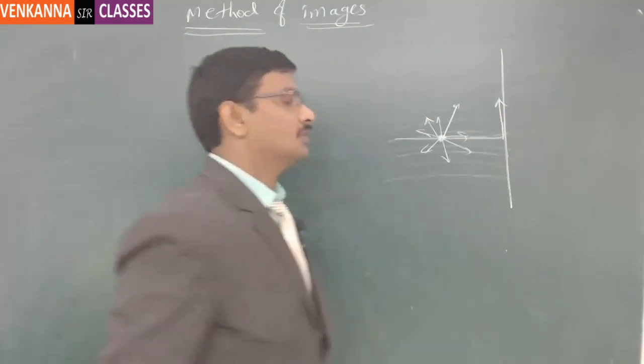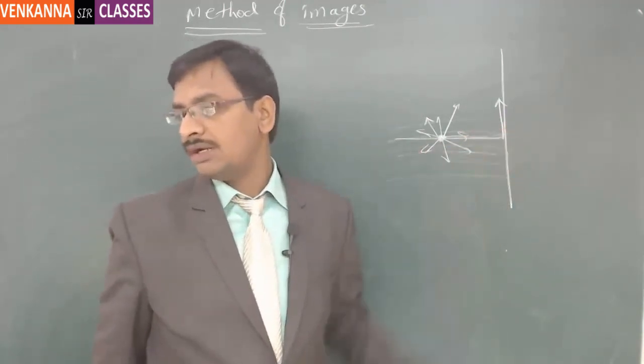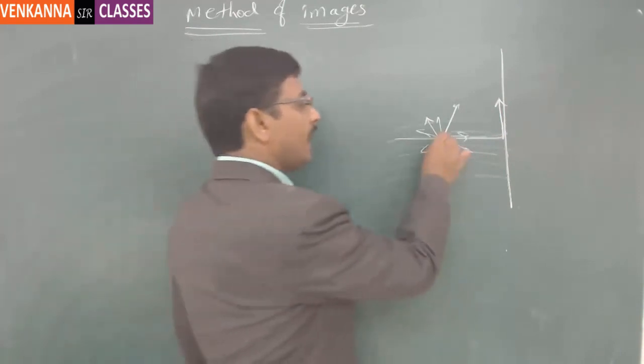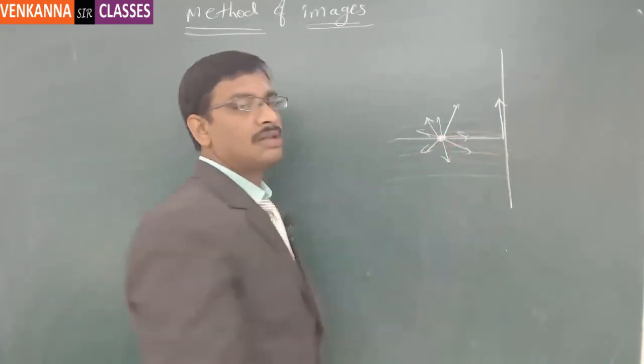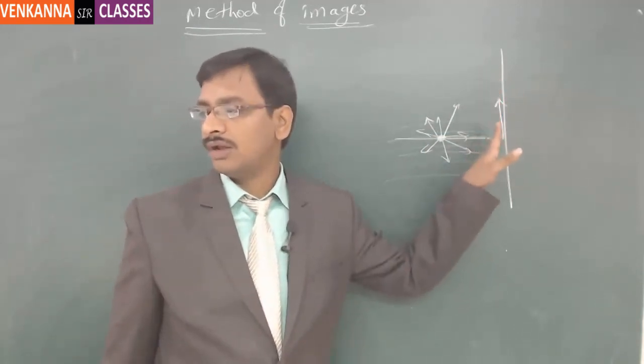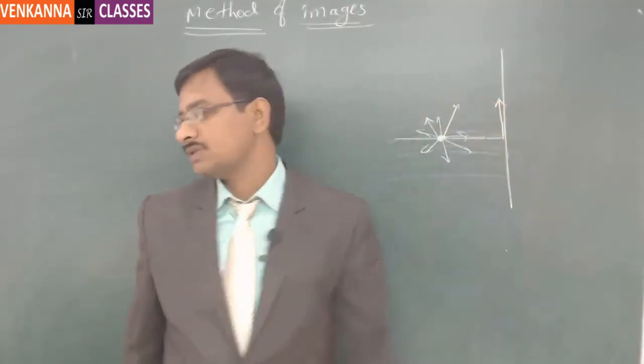So to assure this scenario for analysis purposes, there has to be an image on the other side so that the flow of the fluid exactly on the boundary will be tangential to the surface. Got it? The arrangement of such a system we call the method of image for the original system. Got it?